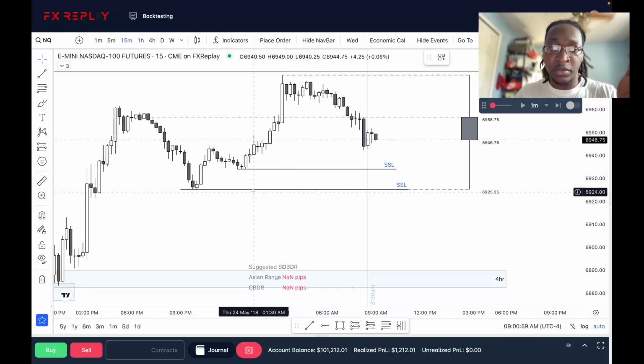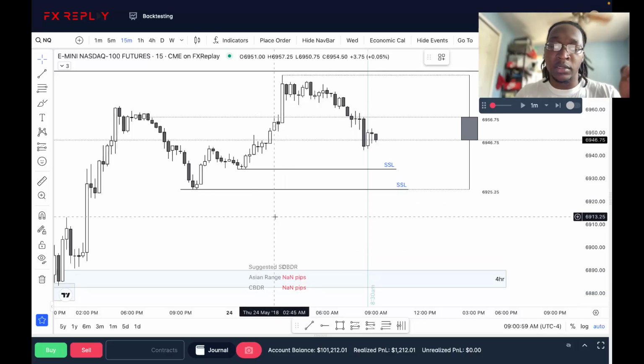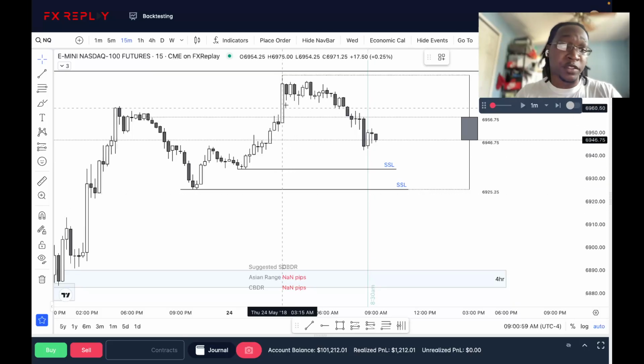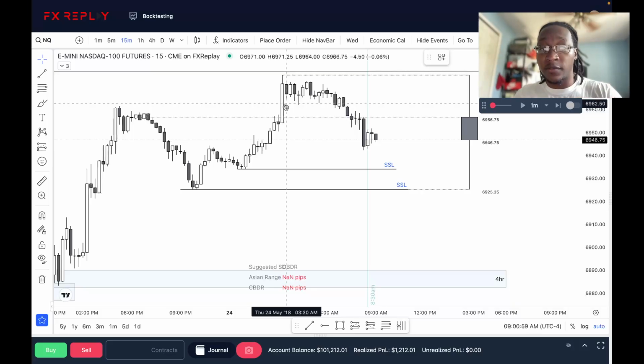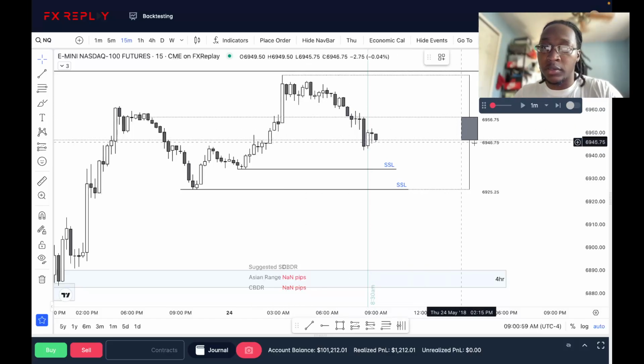Because the entry protocol is run on stops, fulfill on the inefficiency on the left side of the curve, an inefficiency created on the right side of the curve, a shift in structure, and then the pullback to that fair value gap entry or order block entry or breaker entry, whatever you see first. Enter there, stops below the low, and then target your target 1 to 2 or 50 points, whatever it may be.